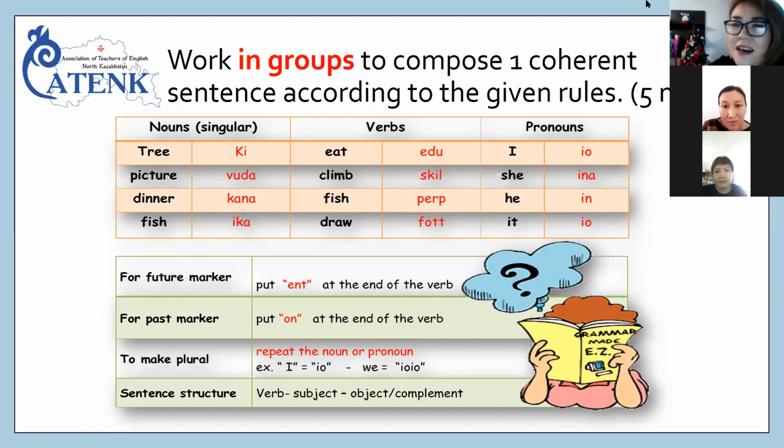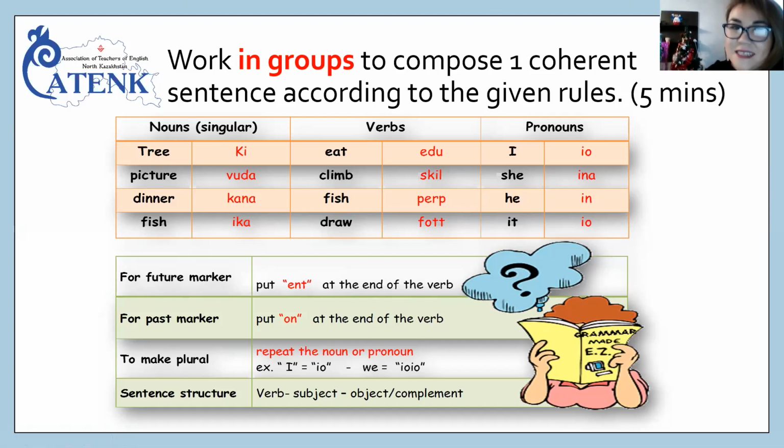Look at this slide, these tables, and try to make one coherent sentence according to these rules. Let me see the time. It is now 4:08. So let's have 5 minutes. Look at these grammar rules and try to make up a sentence.